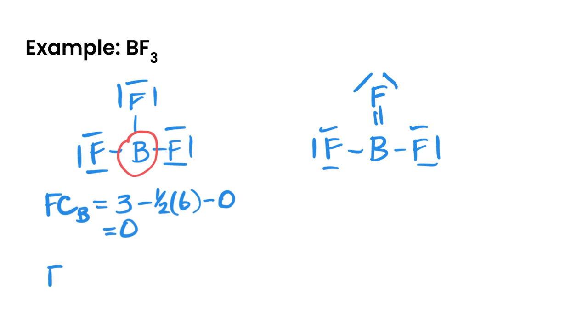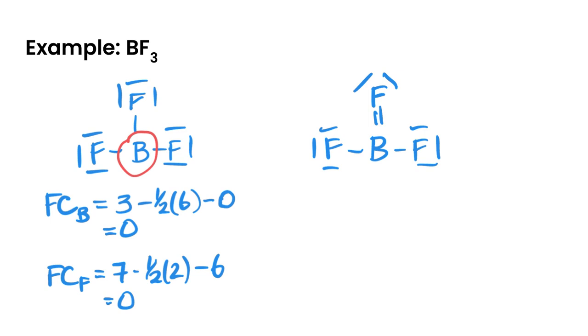For the fluorines, since they're all the same, they all have 3 pairs of non-bonding electrons and 1 bond to the boron, so we can just do one calculation. Valence electrons is 7. Half of the bonding electrons is 1, since there are 2. And then we subtract the non-bonding electrons, so 6. So 7 minus 1 minus 6 also gives a formal charge of 0. So all of the atoms within this structure have a formal charge of 0.